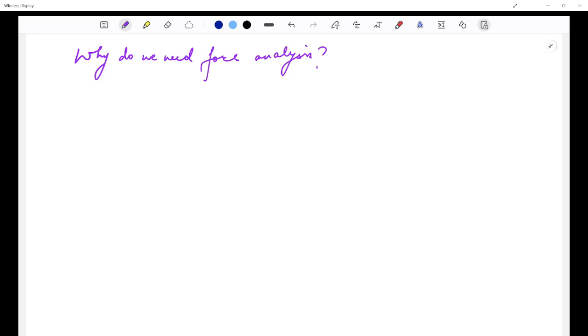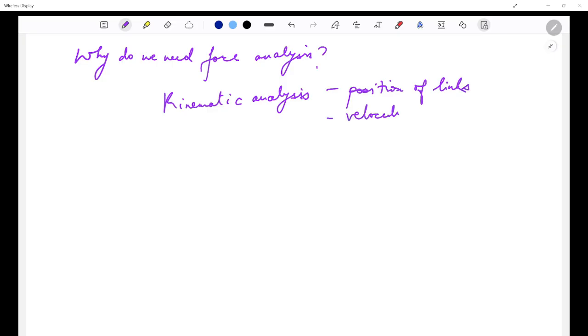So, in mechanism design, we usually start with kinematic analysis, where we determine the position of links, the velocity of links, and acceleration of links.